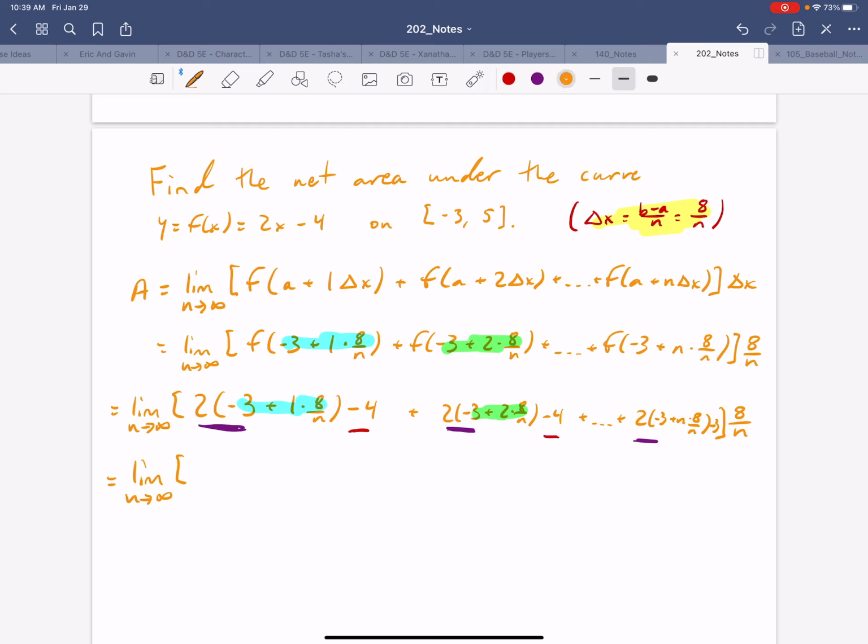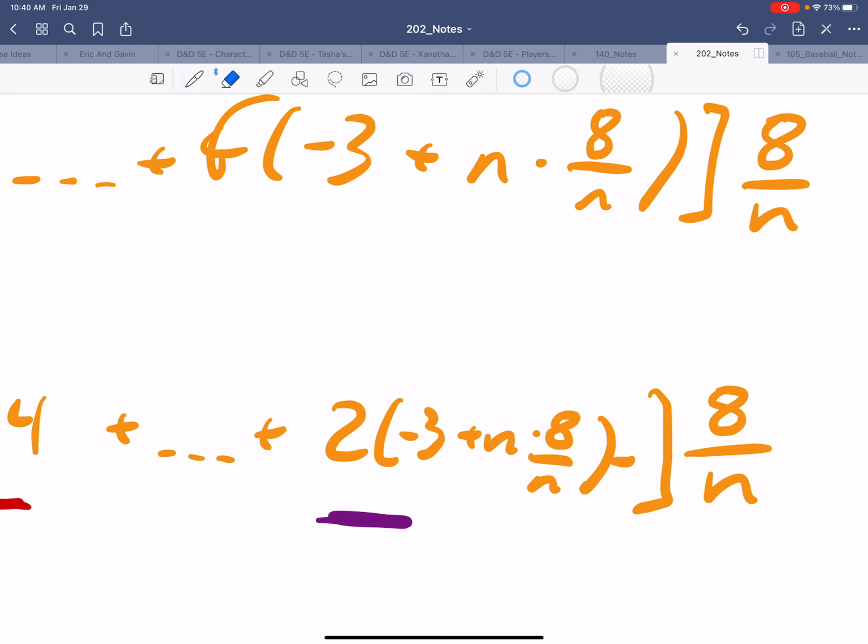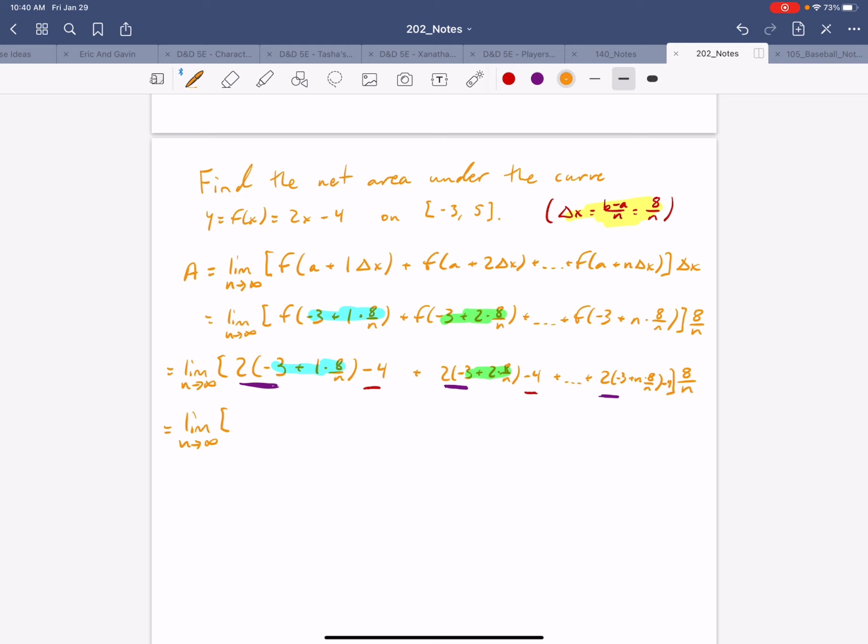I wrote -3 there by mistake; that should be -4. So what that means is that we're going to have -6n and -4n. The -6n comes from the purple underlined parts: there's a -6 in every term, and there are n terms. The -4n comes from the fact that there are n terms and each of them has a -4.